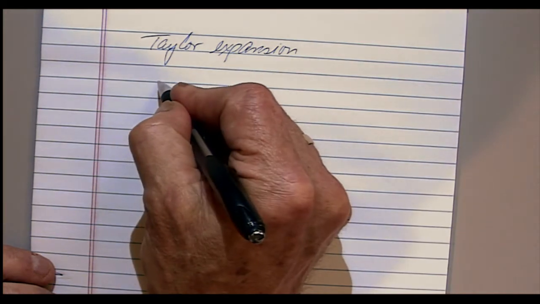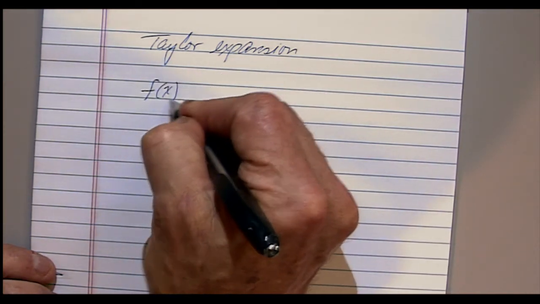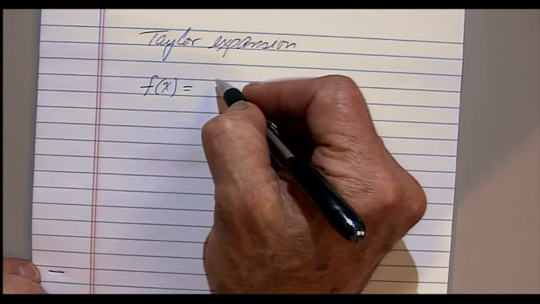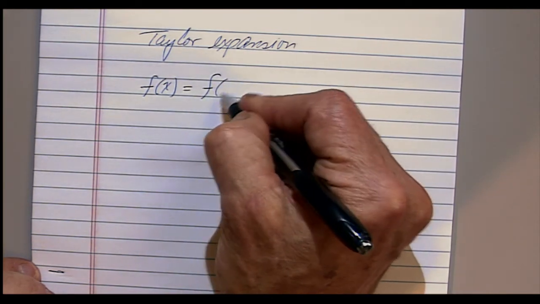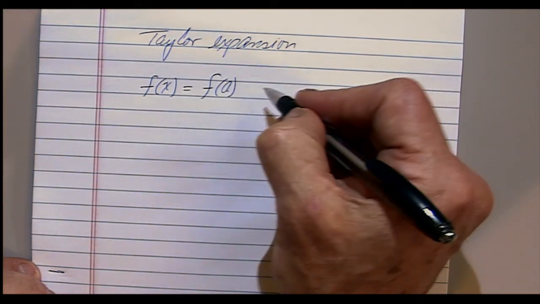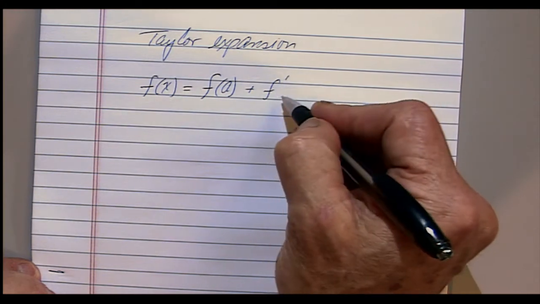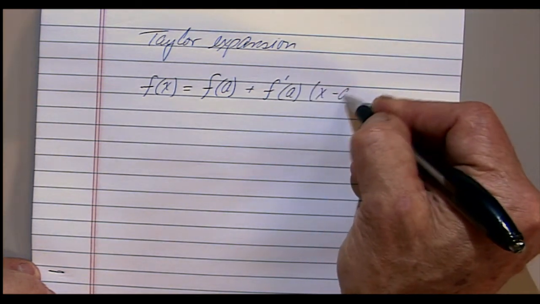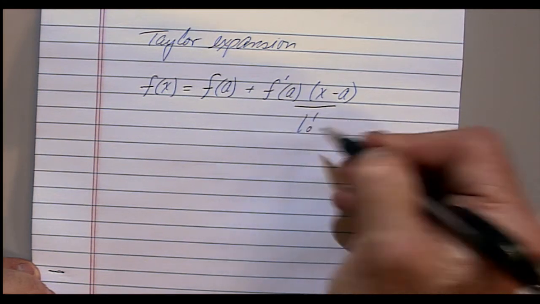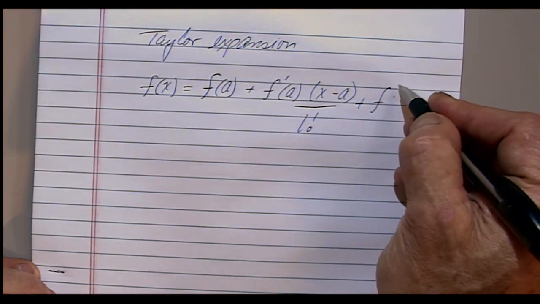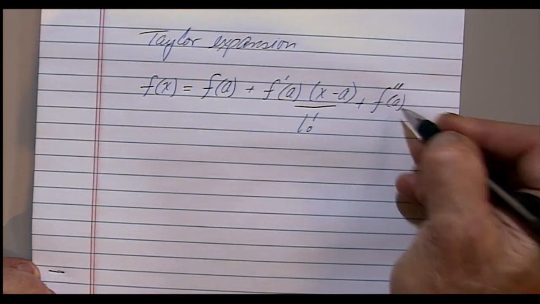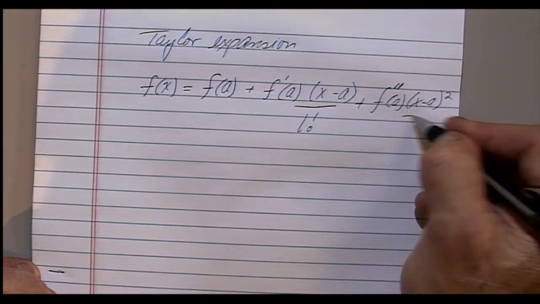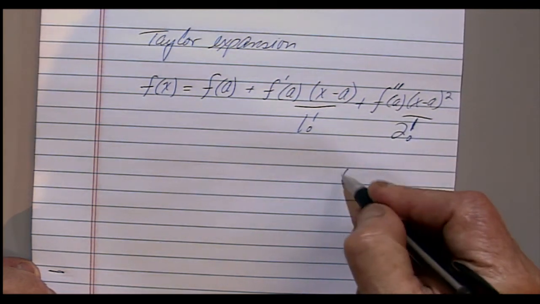To remind you, if I want to expand a function f, which is a function of some spatial variable x, about the point x equal to a, then I write this as the function f evaluated at a, the point about which we're doing the expansion, plus f prime, the first derivative of f with respect to x, evaluated at a, times x minus a, all over 1 factorial, plus f double prime, the second derivative of f with respect to x, evaluated at a, times x minus a squared over 2 factorial, and then plus higher order terms.